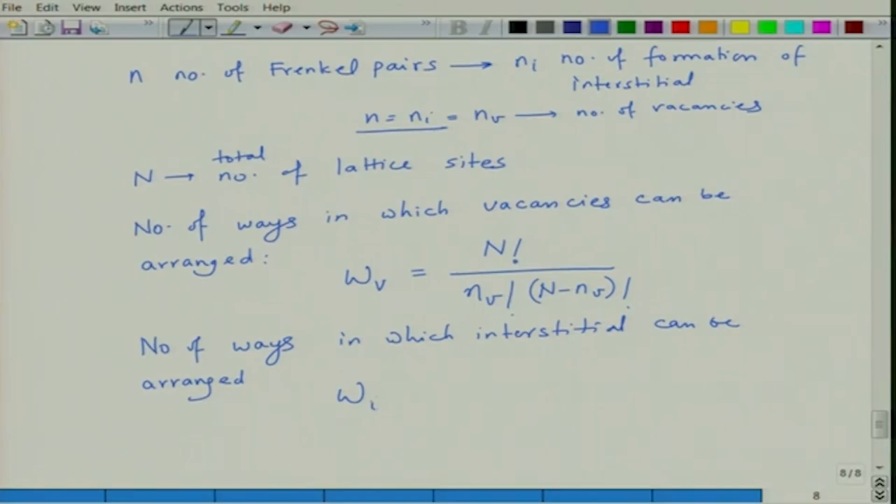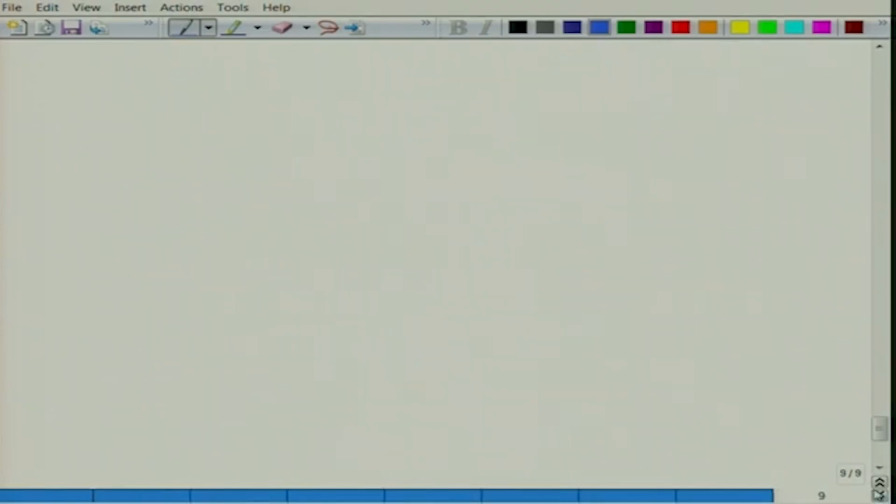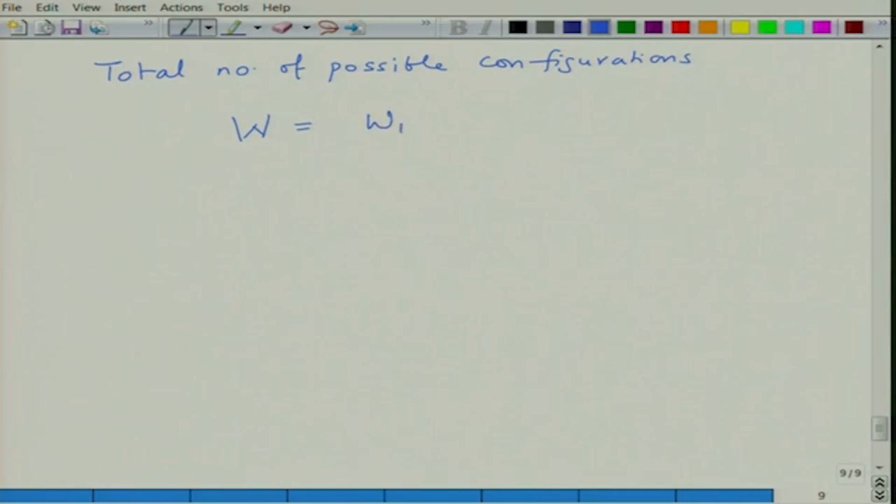That is Wi, and this is equal to factorial n divided by ni factorial into..., and since ni is equal to nv, the total number of possibilities is W equal to Wi into Wv.